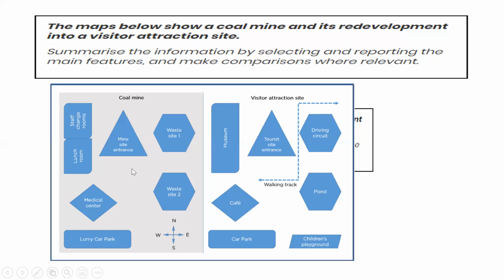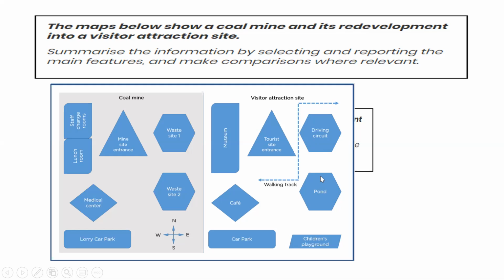We just first look at what has changed and what has remained the same, and then plan how to write. So first, it was a coal mine, and the changes that we see is that the staff change room and lunchroom are just merged, and instead there is a museum right now. But other stuff like the mine site entrance, West 1, West Side 2, medical center, they are all the same.